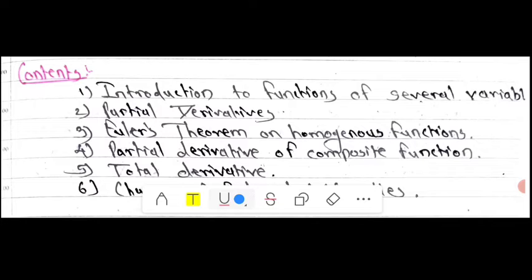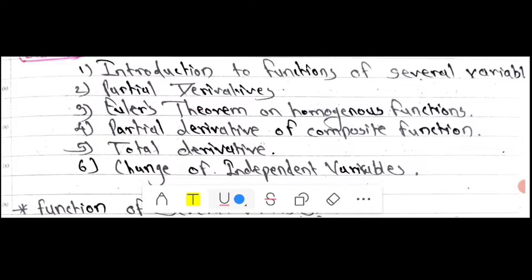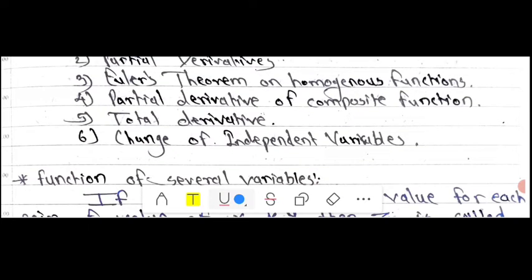After that, Euler's theorem on homogeneous functions. Next, the partial derivative of composite functions. Next, the total derivative. And the sixth one, the change of independent variables. One by one, we will discuss all these contents.